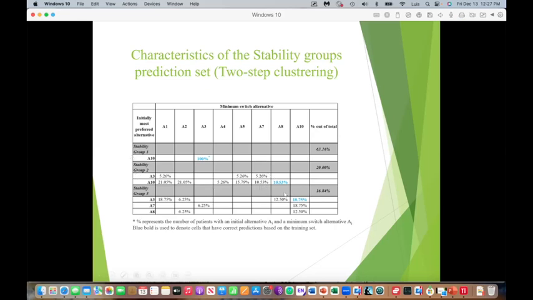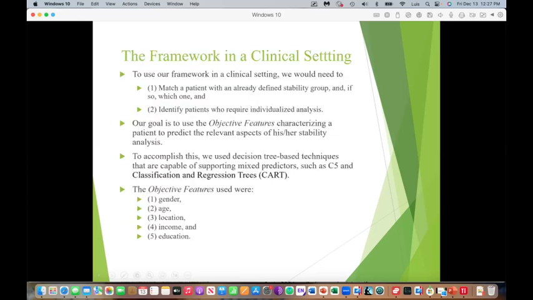So the whole idea is to say, okay, what I need to do now is use some objective features, like gender, age, location, income, and education, to predict which group this patient falls in. We divided the data in two parts, the training method and the prediction, the testing method.